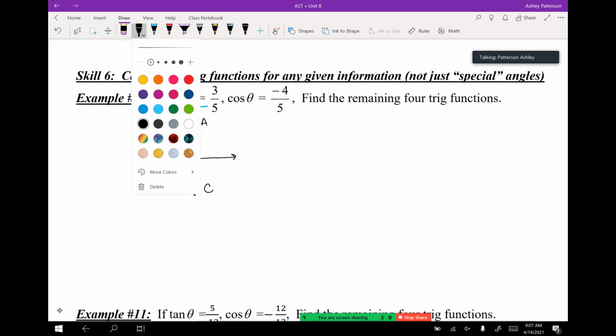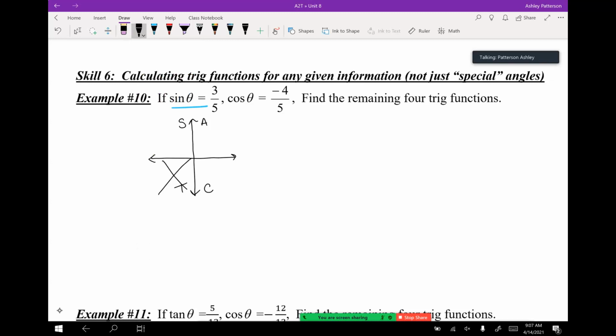Well, that cancels out the third and the fourth quadrant. Sine is only positive in the first and the second. The second requirement is that cosine is negative. So immediately the first quadrant's out because all trig functions are positive in the first quadrant.